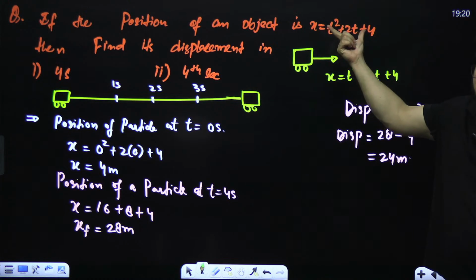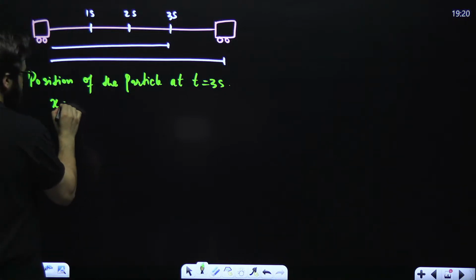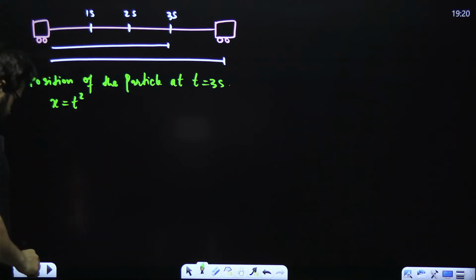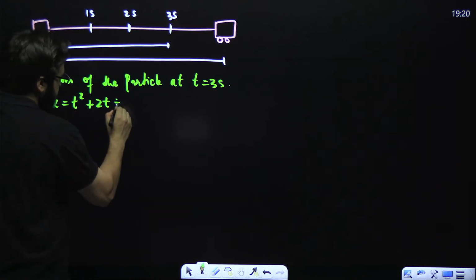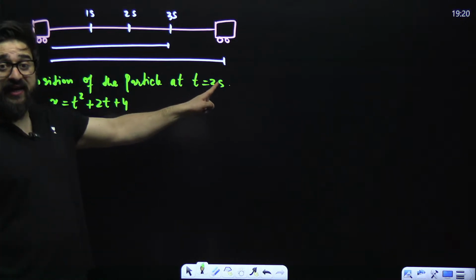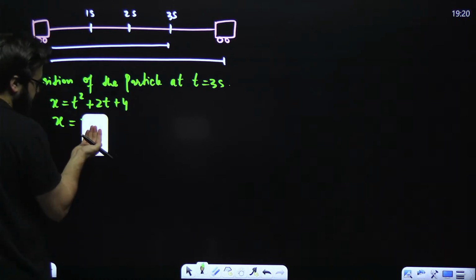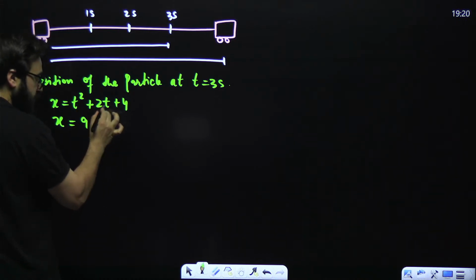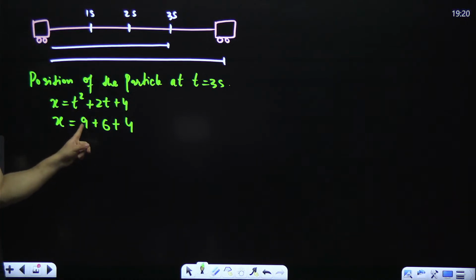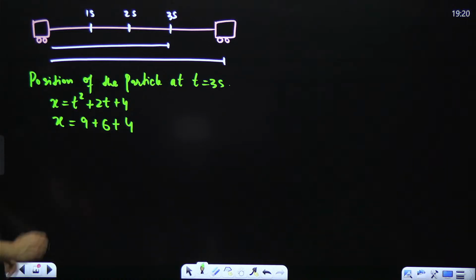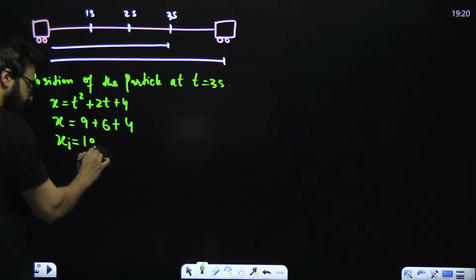Take this equation, x equals t square plus 2t plus 4, and put t equals 3 seconds. So x comes out to be 3 square, which is 9, plus 2 into 3, which is 6, plus 4. 9 plus 6 is 15, 15 plus 4 is 19. So this is x initial, and it comes out to be 19 meters.